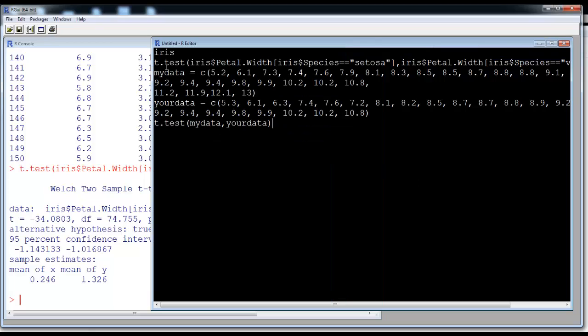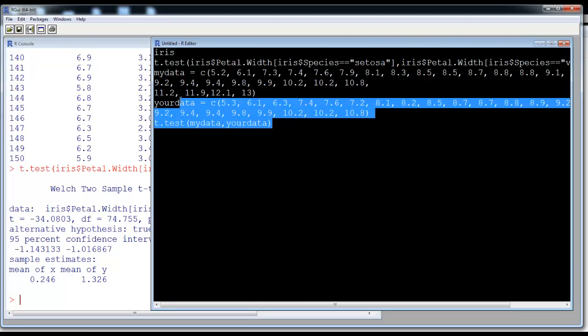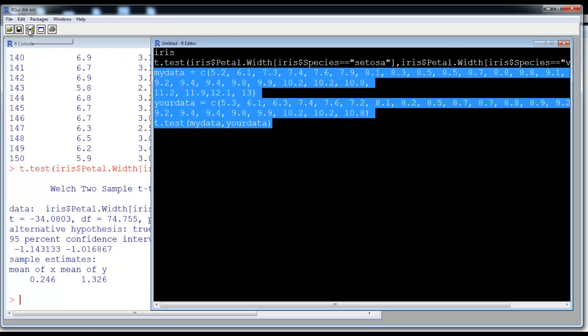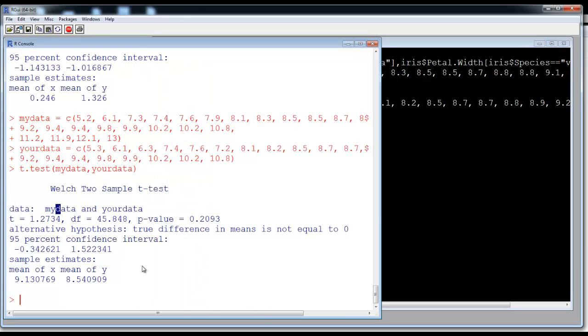Now I have these two data sets, say my data and your data. So these are two data sets and we want to run a t-test on that to find out whether the mean is the same. That is, do these two data sets come from the same population? So to run this, you just select everything till my data and hit the run button, and you get values.